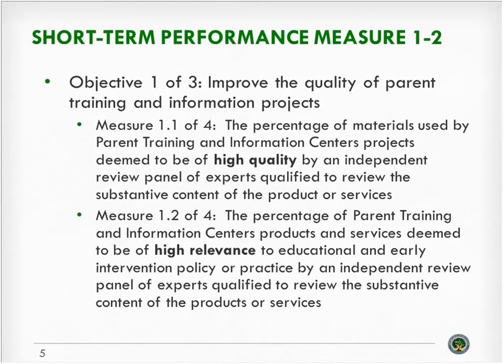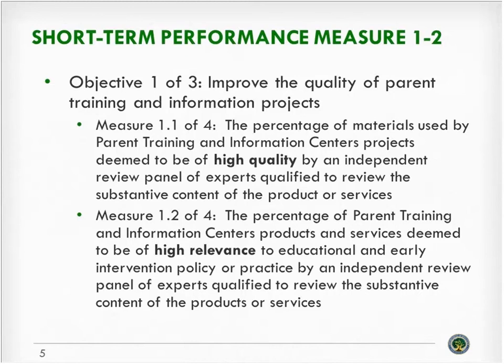So let me read the actual wording of the first 2 measures. Measure 1.1 of 4, the percentage of materials used by parent training and information centers deemed to be of high quality by an independent review panel of experts qualified to review the substantive content of the products or services.